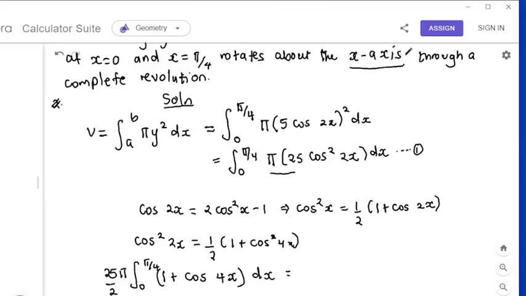And if you integrate, you will get 25 over 2 pi into x plus, if you integrate cos 4x, you're going to get sine 4x everything over 4. But now this is from 0 to pi over 4.